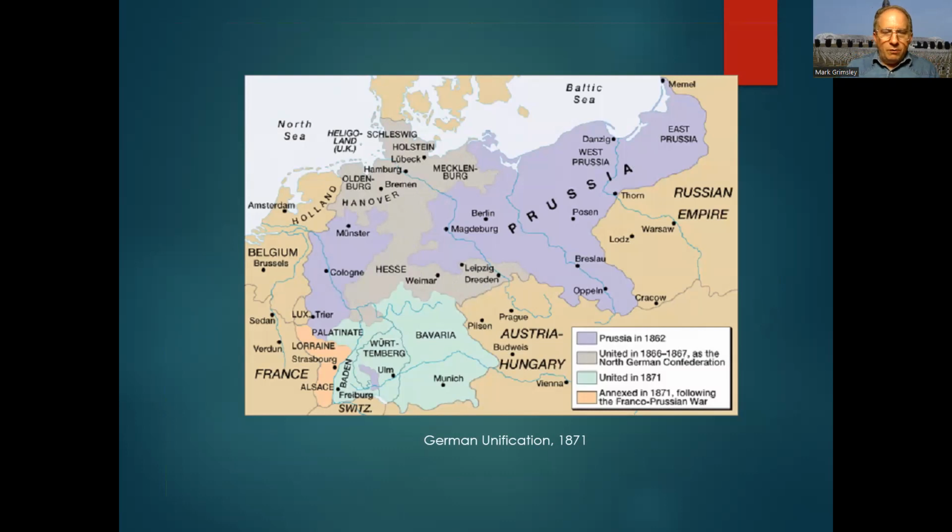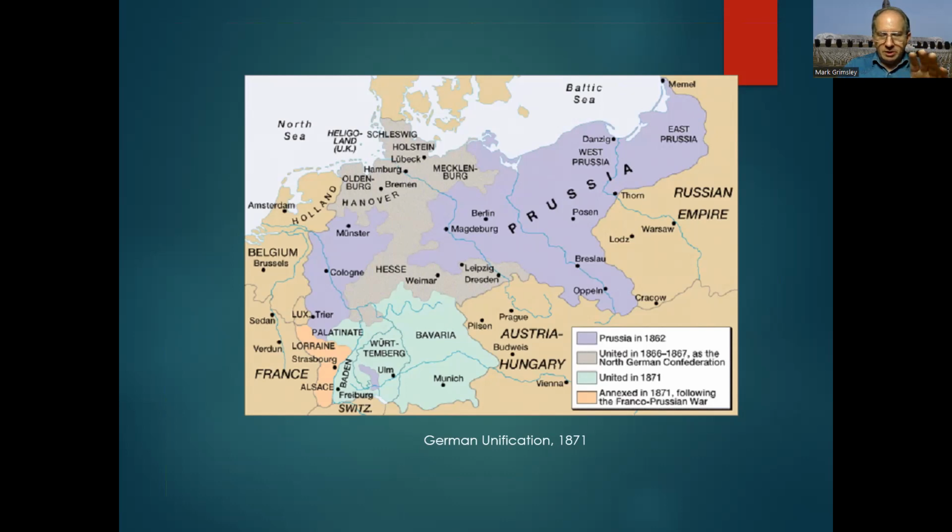If you look over the left side of this map, right where it says France, if you go a little east of France, or to the right, you'll see Lorraine and Alsace. These are regions that had a mixed population of French speakers and German speakers.